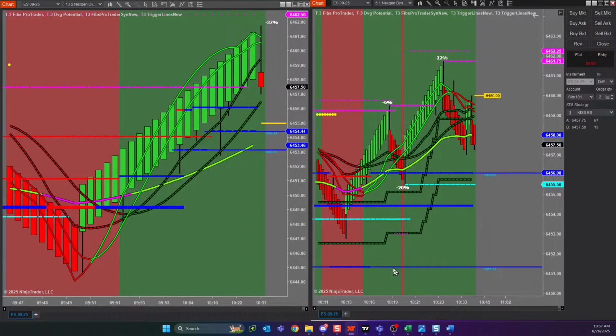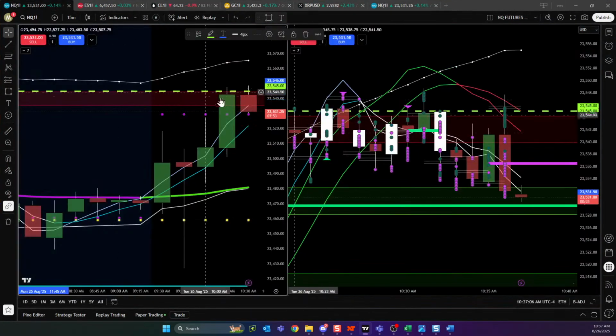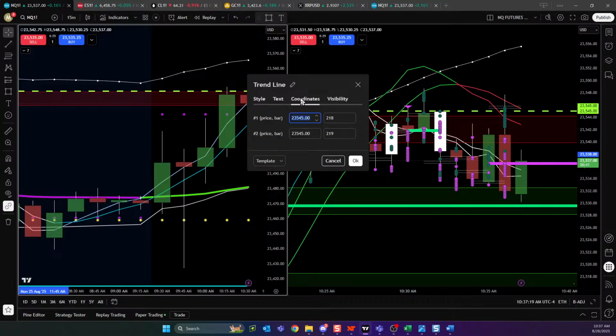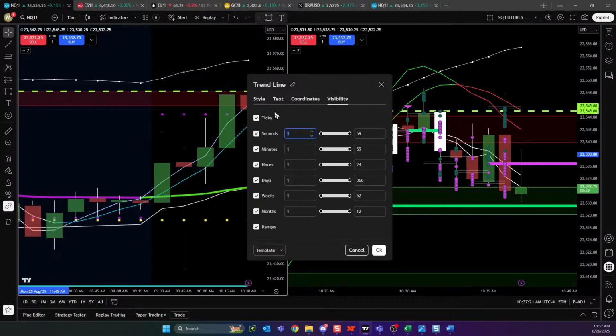Yours does not copy to the 1 minute. Yeah, let me figure out how I did it, Jen, and then we will. Let's double click on it. Always show stats, price labels, middle point. Hold on, text, nope. Coordinates, don't need it. Visibility.